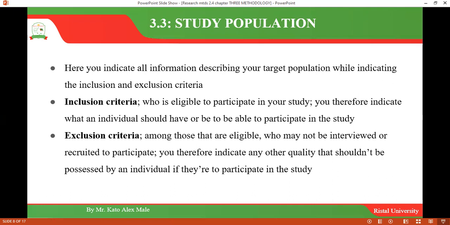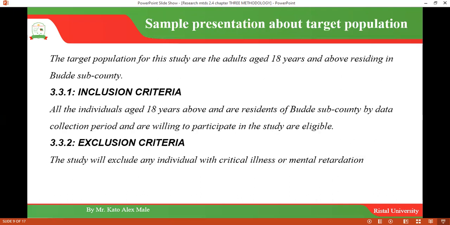So in my next slide, I gave an example of how you can state your target population, how you can present your data. You can say the target population for this study are the adults aged 18 years and above and are residing in a sub-county. I've given the target population. Then under inclusion criteria, who is included in this study? Who is eligible to participate?